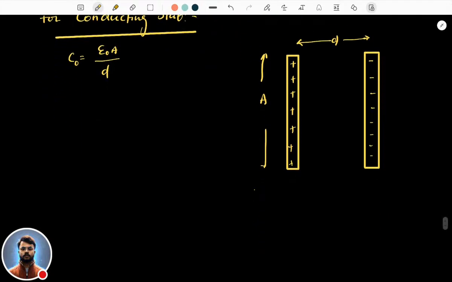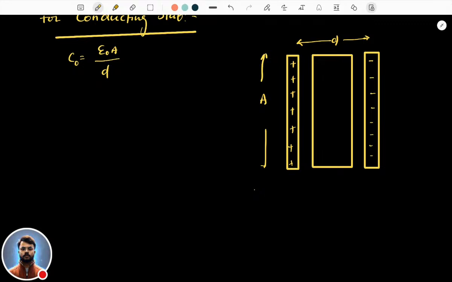So what happens when we place a conducting slab between the plates of the capacitor? Here I introduce a conducting slab, made of metal, any kind of metal that is a conductor. First we have to know what happens when a conductor is placed in an electric field.